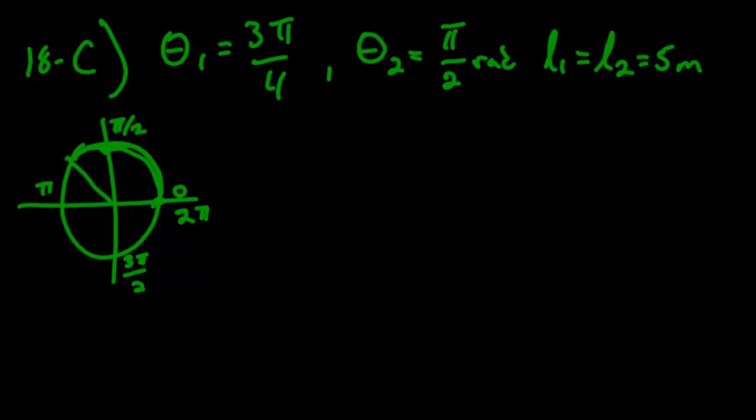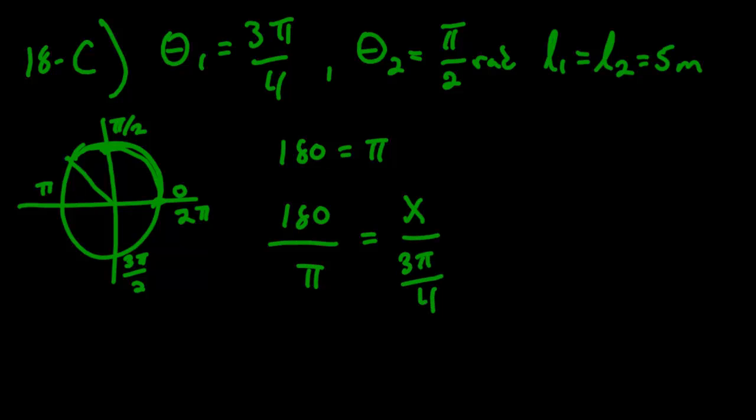But if it's not a clean radian measure like that and you want to convert, we know 180 degrees is equal to pi. So we could set it up as a ratio: 180 over pi is equal to x, the degrees that we find, over 3 pi over 4.